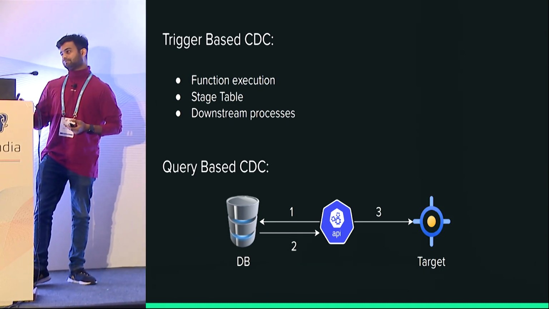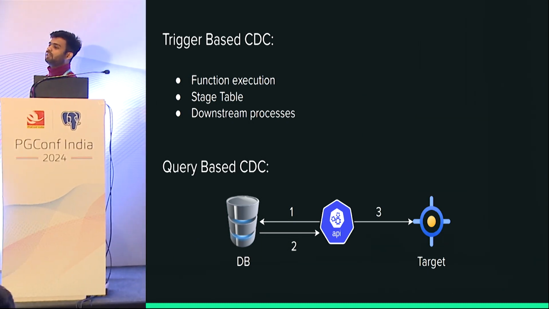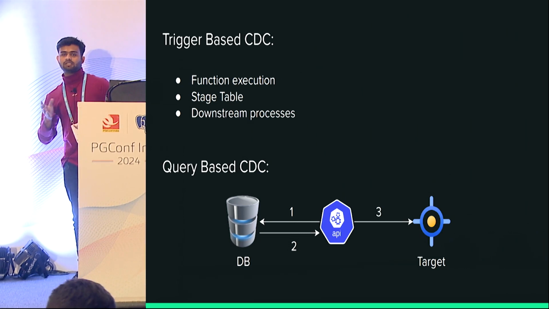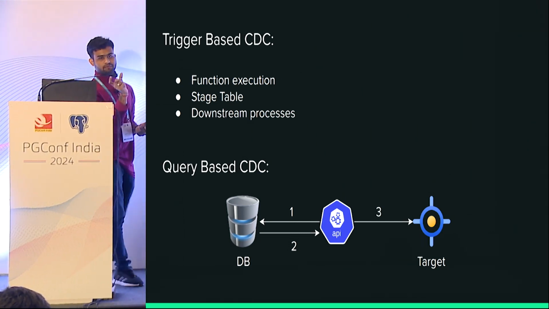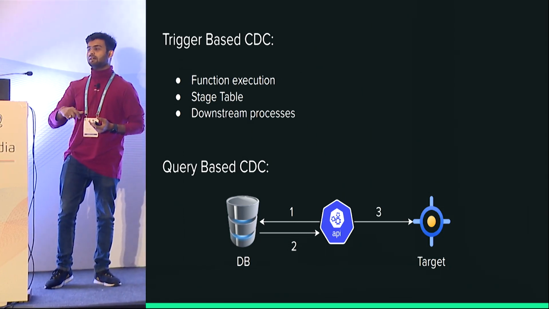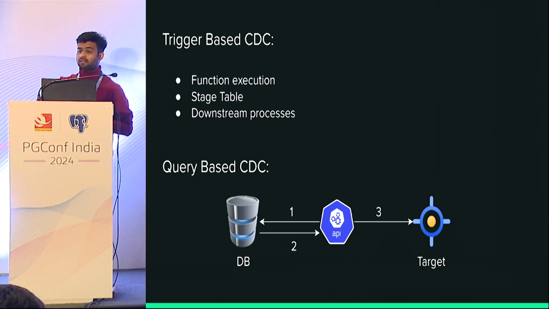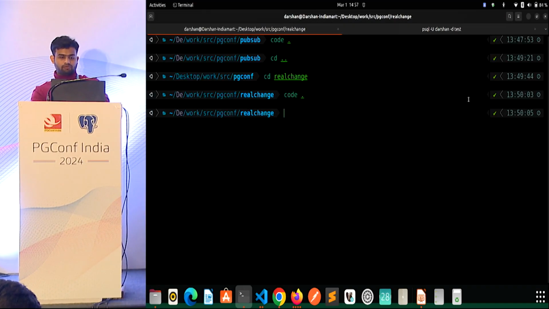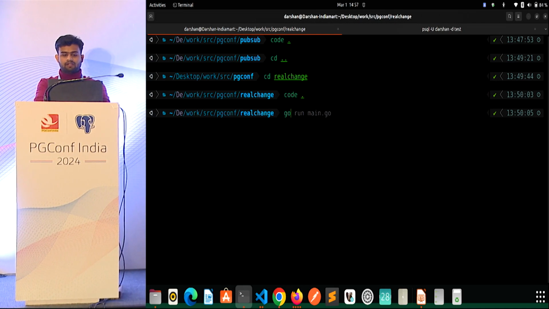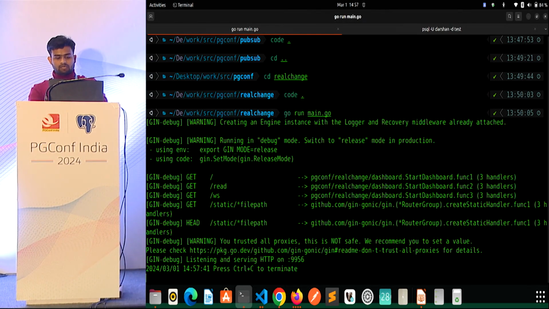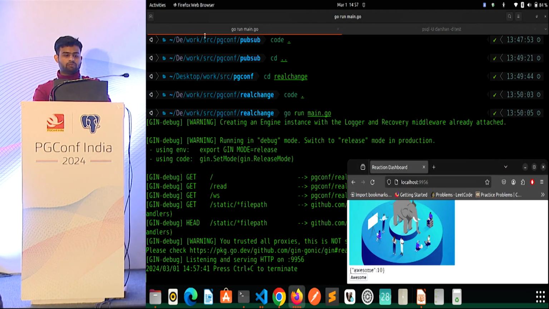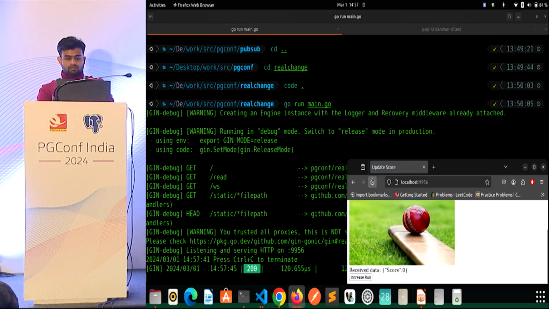And then polling: two polls can have a small data difference and that will not be captured. But again, we'll see a small demo. Let's say I have a cricket score dashboard and I want that to be updated.